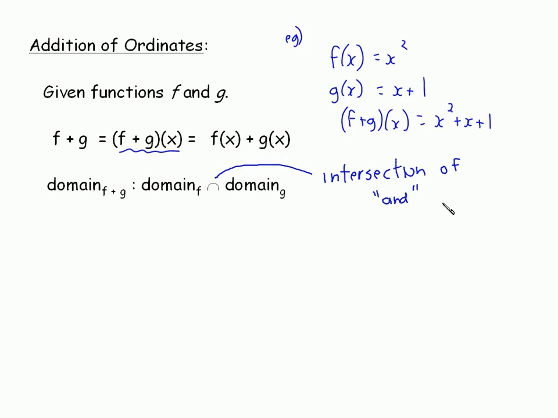And it means that we're looking for the x values that are common to both f and g. So they have to be common to both, and the word and implies that it satisfies both. So that will have an effect later on.